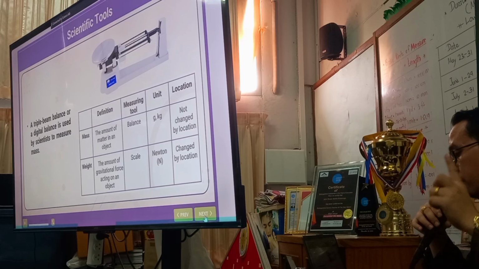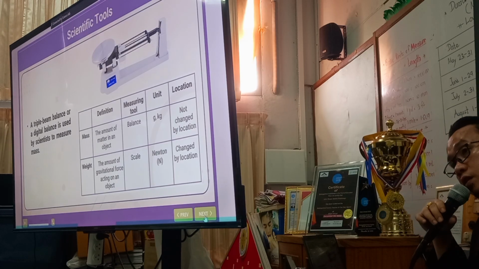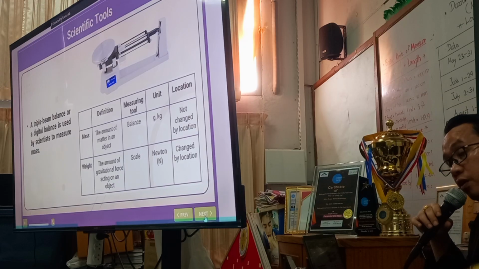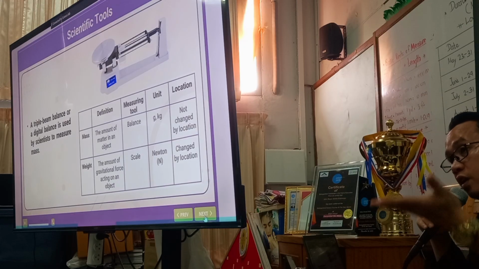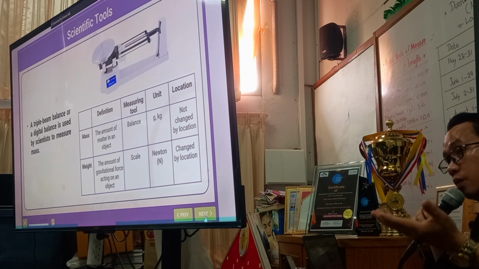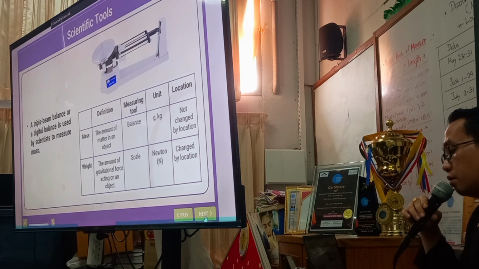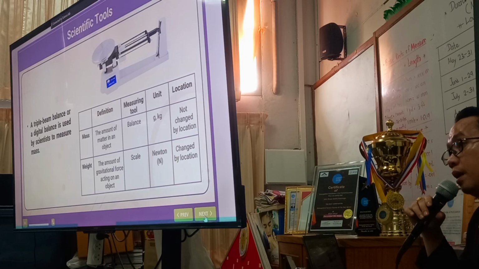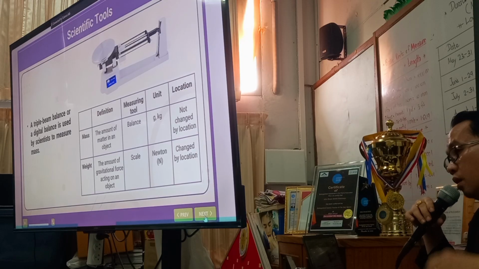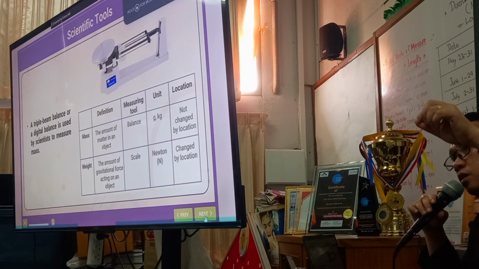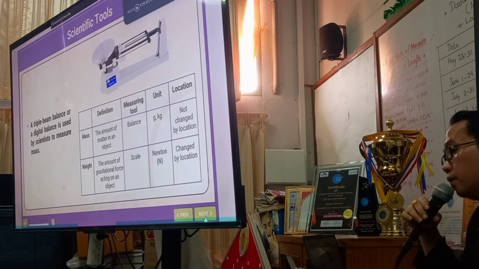So there is a downward force, or the gravity, on an object, so we can feel how light or heavy it is. So what is the measuring tool of mass? We have the balance scale. What about the measuring tool of weight? We can use a spring scale.